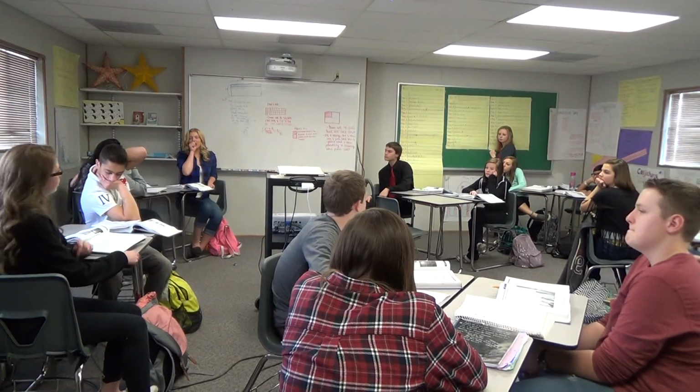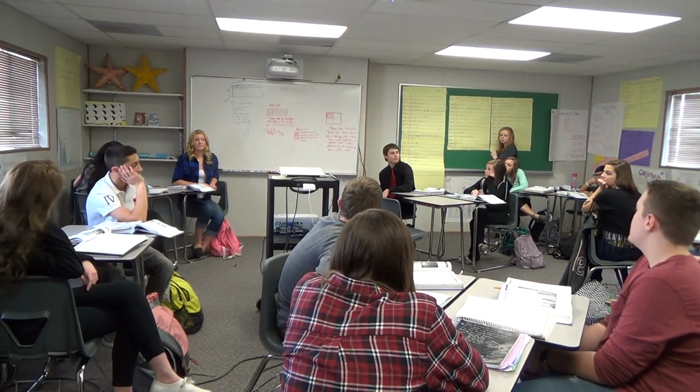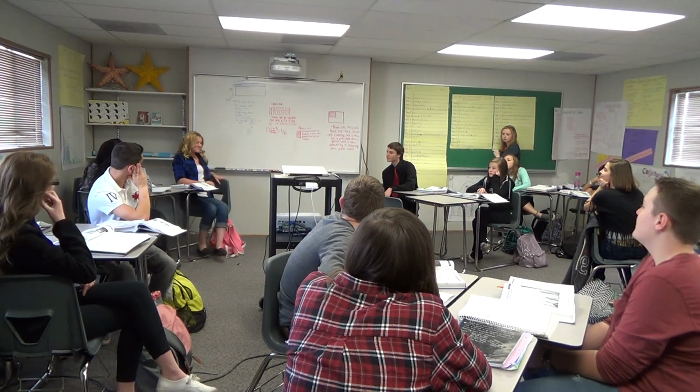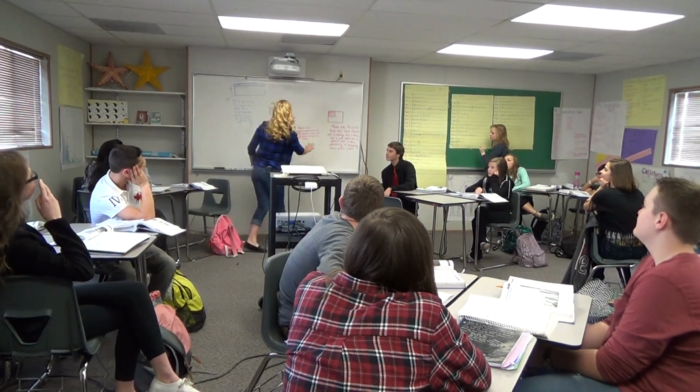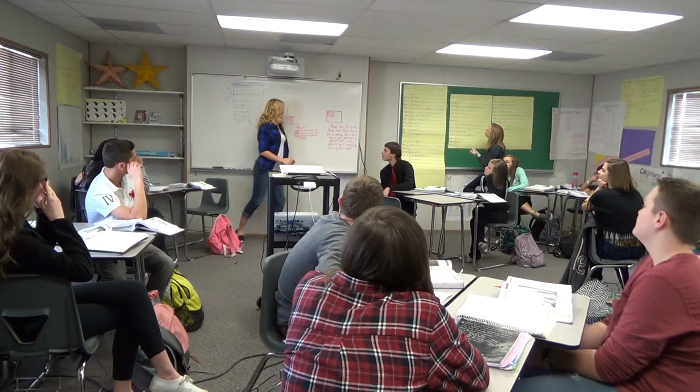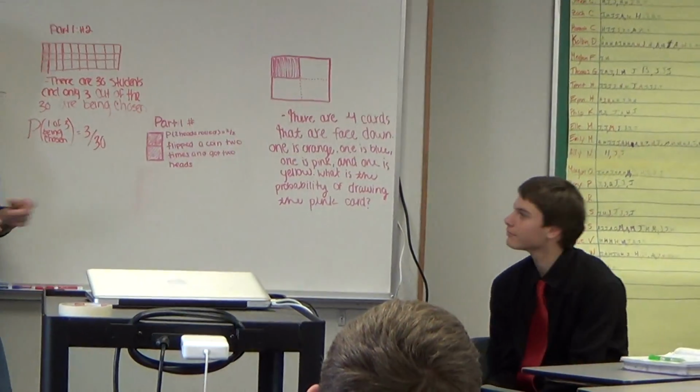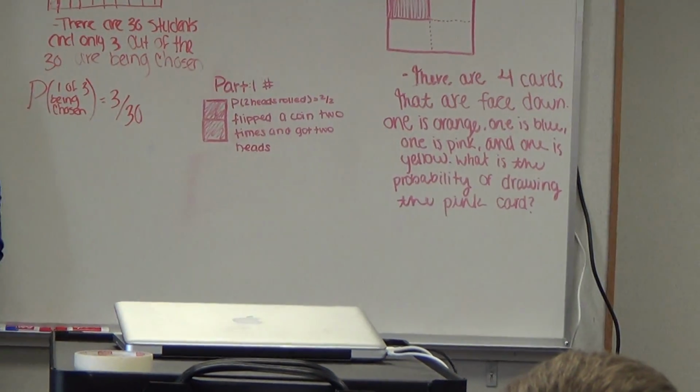Okay, number 3 from part 1. You flipped a coin 2 times, which is 2 squares. You got 2 heads.